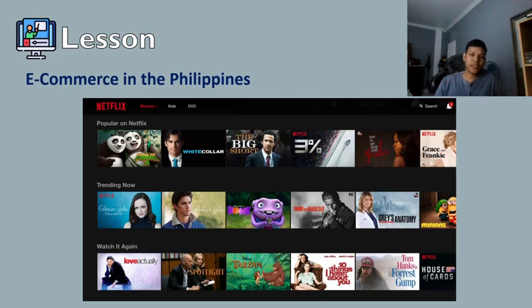And also, the market for digital media products in the Philippines is particularly small, with the country's internet users spending just 286 million across video games and video on demand services like Netflix. Okay, again, video on demand services like Netflix. This is also part of e-commerce, not just the online store, but also, for example, Netflix.